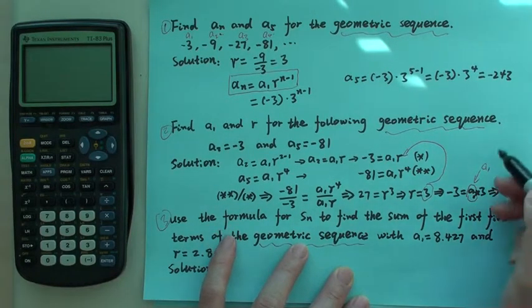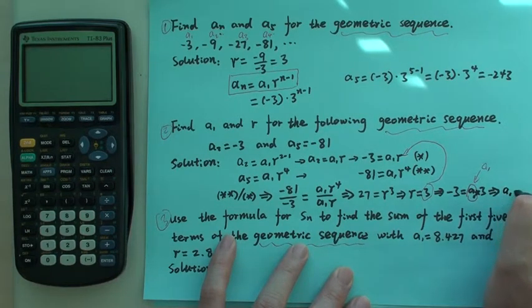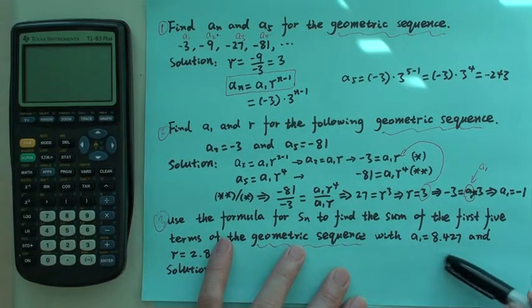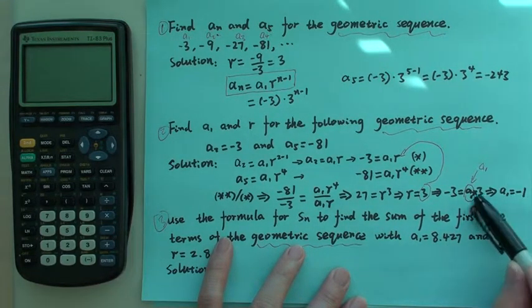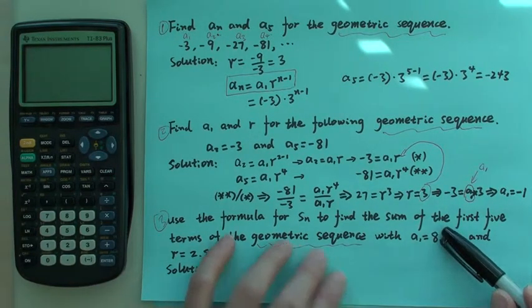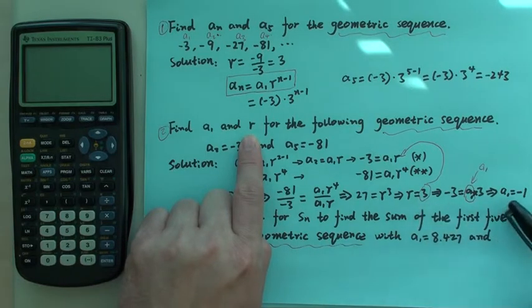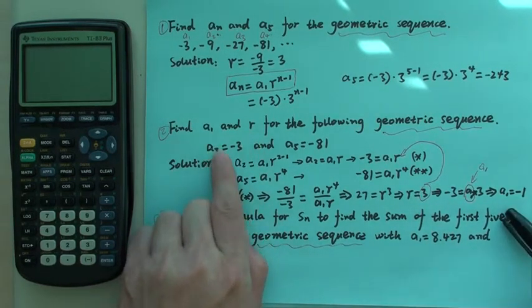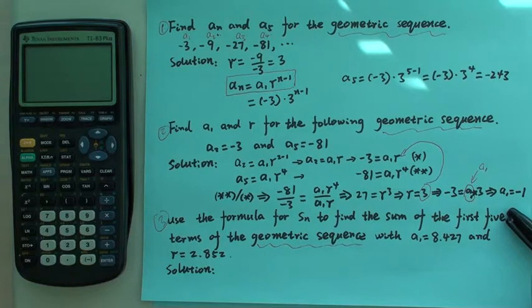Then what is a 1? There is no problem for you to get negative 1, because negative 1 times positive 3, you have negative 3. So you have found r is 3, a 1 is just negative 1. So we're clear right here.